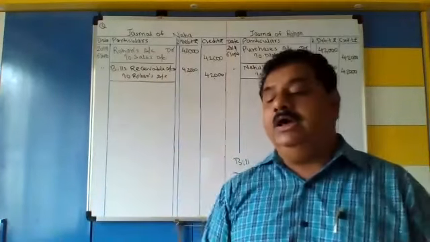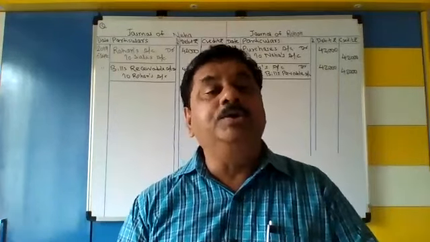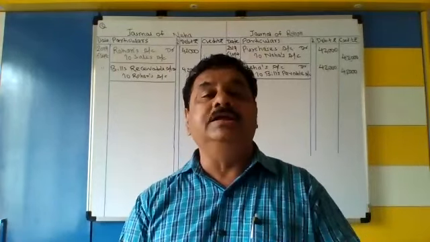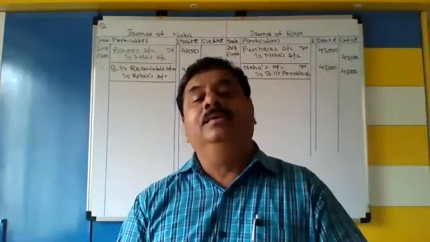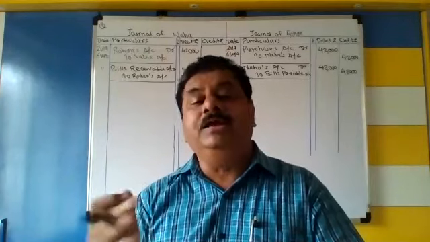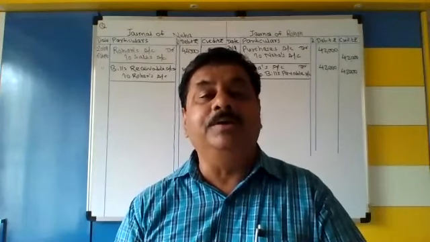Now we are going to take the entry for discounting of the bill, and according to the Proforma journal entries, it is entry number 3. Initially you need to look at the Proforma entries.